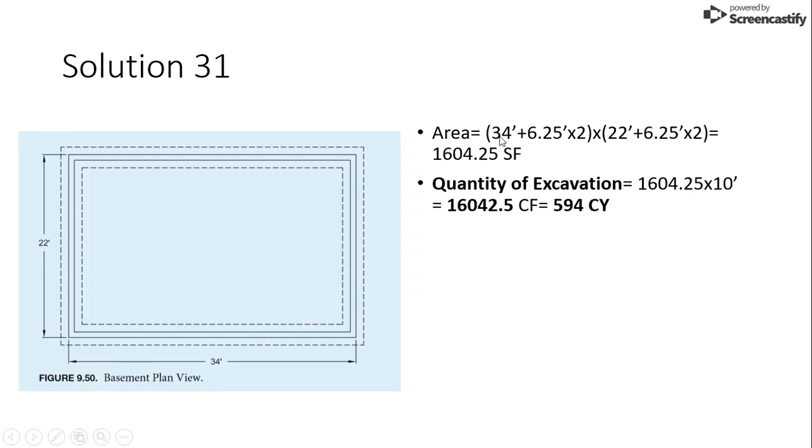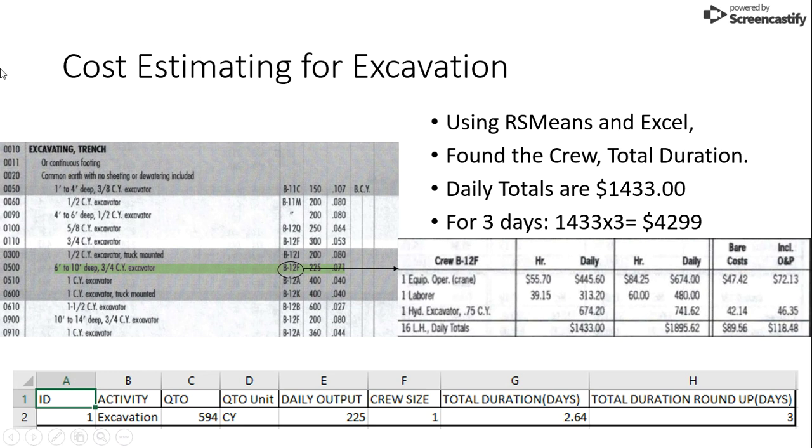So that's how I got 34 feet plus 6.25, these are y times 2, and the same thing with the 22. So that's how we got the area of the total thing. And if we multiply it by 10 feet, which is our height, we can get the quantity of our excavation.